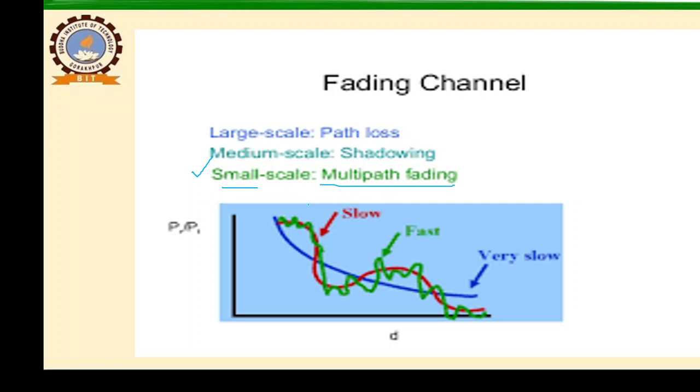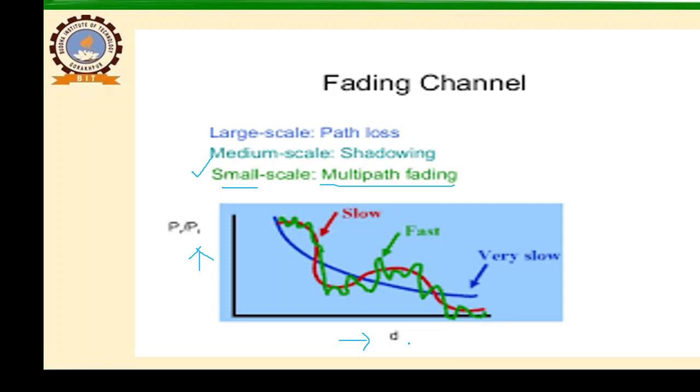So you can see the diagram. There are transmit power and received power on the y-axis, and on the x-axis the separation distance between the transmitter and receiver is shown.